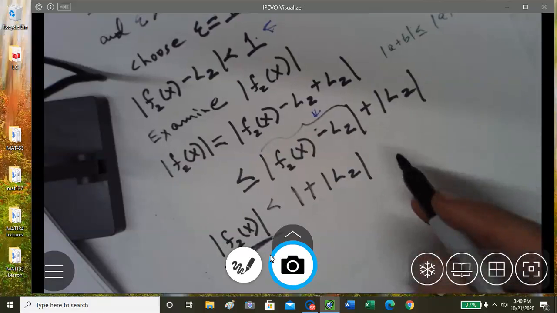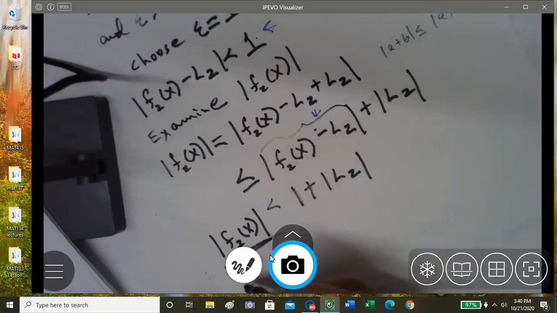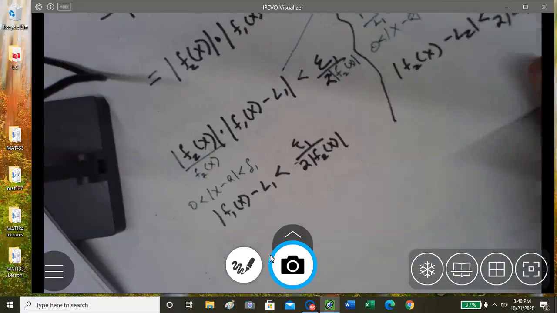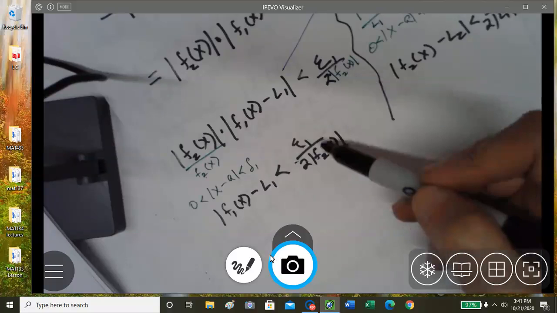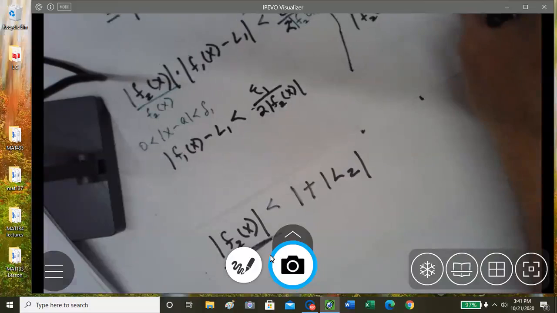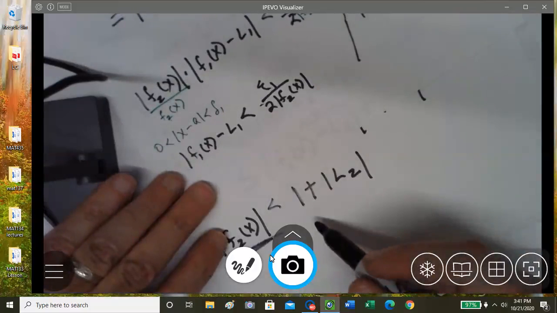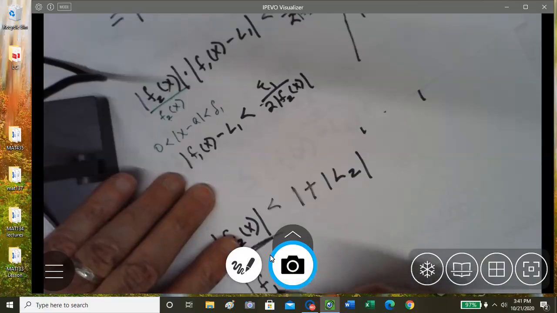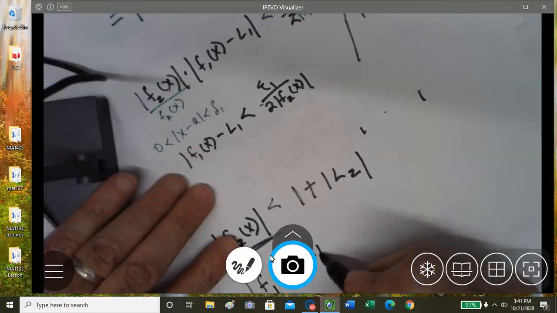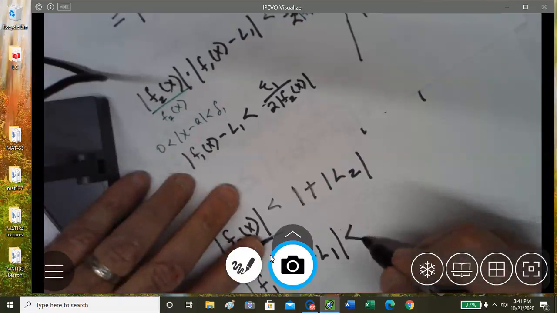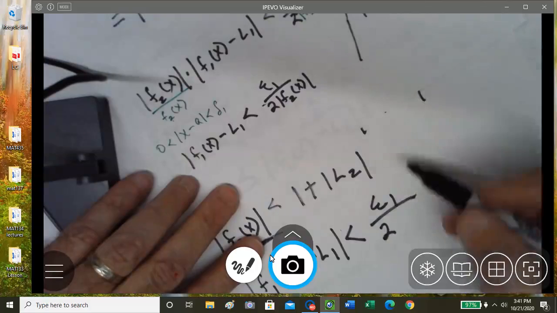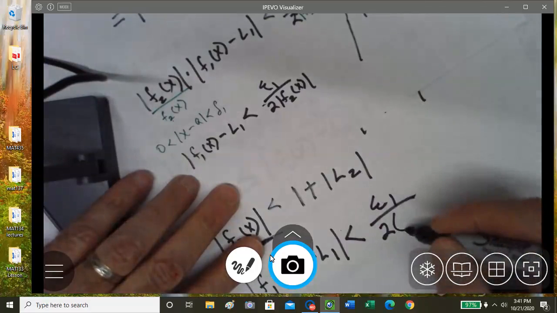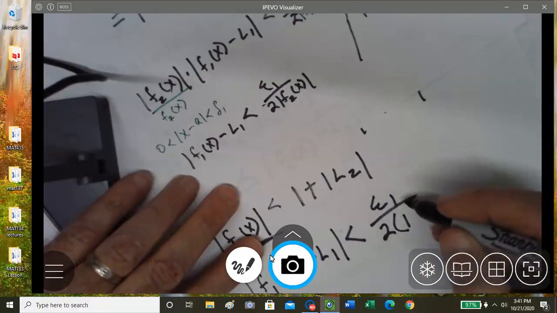So now, when we said before that epsilon 1 is 2 times f2(x), we can say that the absolute value of f1(x) minus L1 is less than epsilon 1 over 2, and instead of f2(x), we're going to put in 1 plus the absolute value of L2.